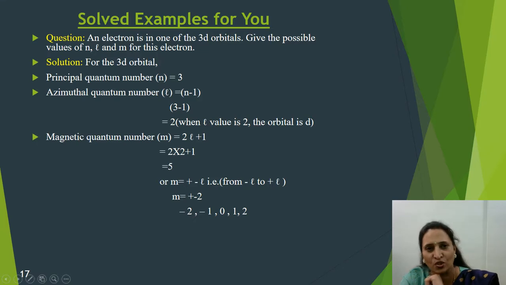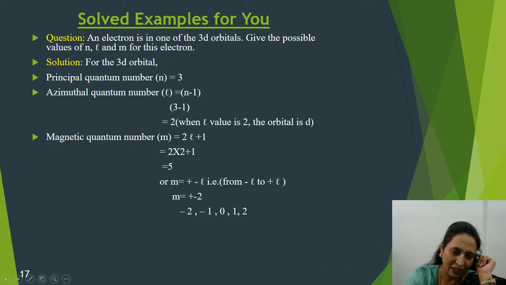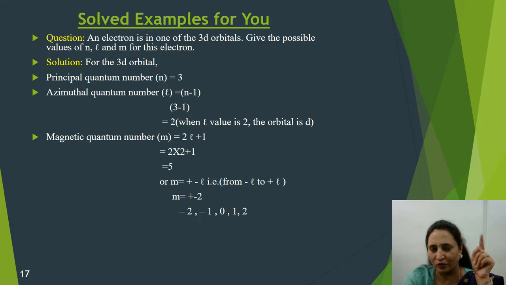Let's see the solution. Now for the 3d orbital, the principal quantum number is 3. The azimuthal quantum number is calculated using n minus 1, that is 3 minus 1, which gives 2. When l is equal to 2, the orbital is a d orbital. The magnetic quantum number can be calculated either by the 2l plus 1 formula, or by the plus or minus l values.